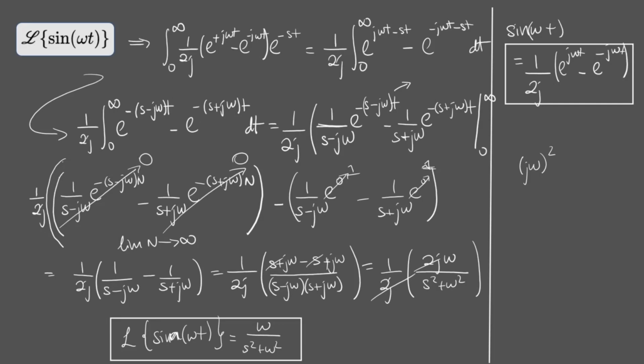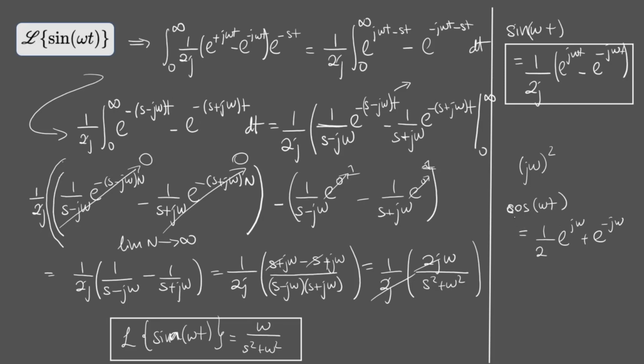Really fantastic stuff. It's the same thing that you're going to do when you want to evaluate that of cosine. Because if you have cos omega t, the Laplace identity is going to be 1 over 2 times e to the j omega t plus e to the negative j omega t.